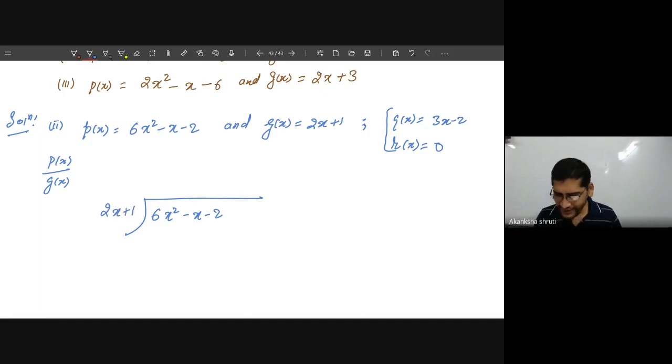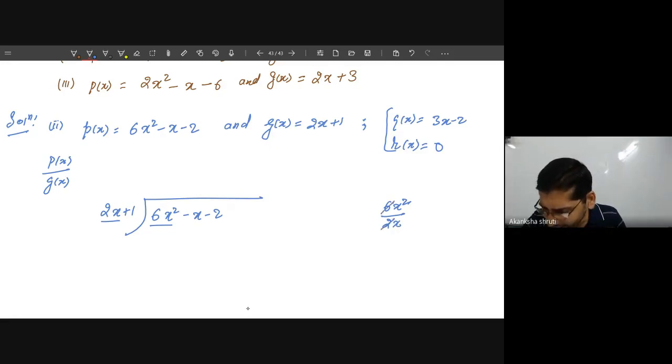Other students, please verify with me. Now, what is the very first step? The very first step is to take the first term of the dividend, which is 6x square, and the first term of the divisor, which is 2x. You have to calculate these two ratios.